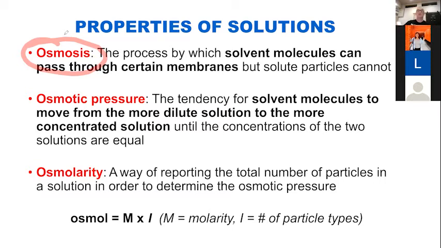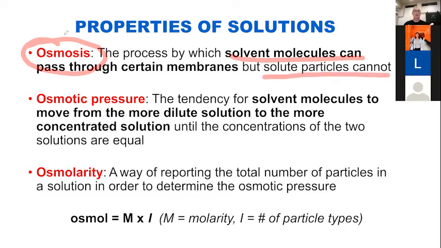Osmosis is the process where solvent molecules will pass through a membrane to a place where there is a lower concentration of solvent molecules. They'll pass through the membrane, but the solute particles can't.